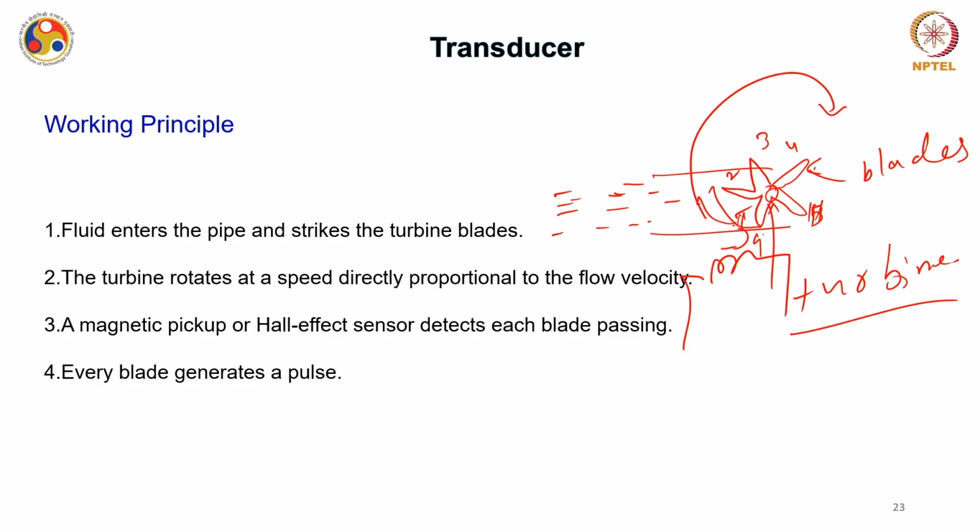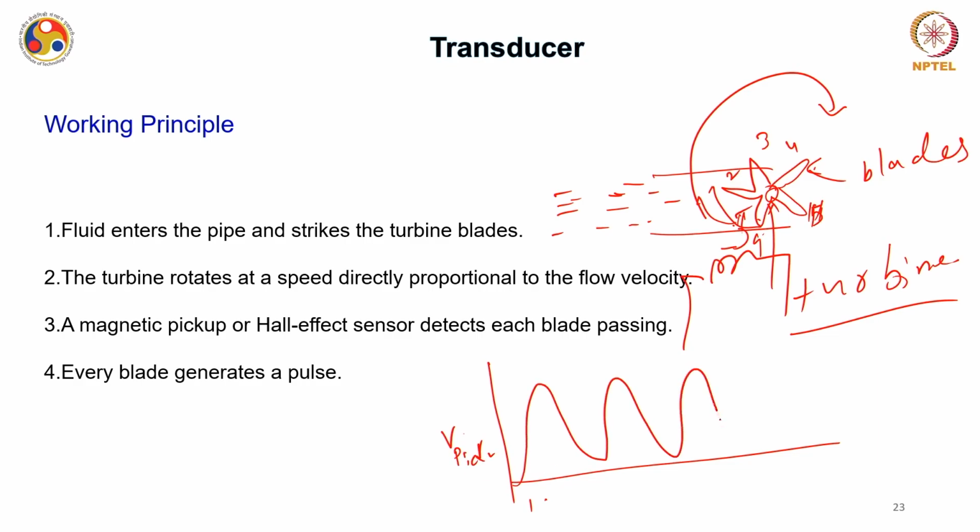In this movement, you are actually generating a pulse. Each blade is generating a pulse. If I write the output of this Hall voltage or magnetic pickup coil, the output is in some form of voltage, and it will look something like this, in the form of pulses.